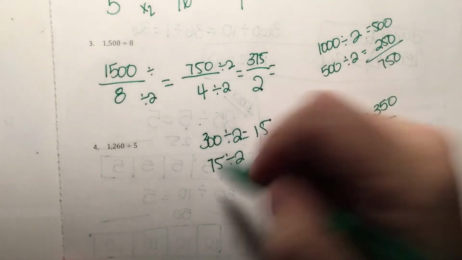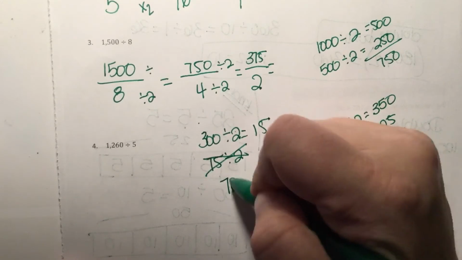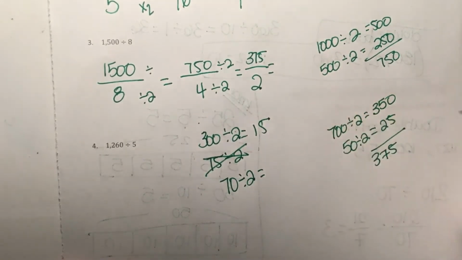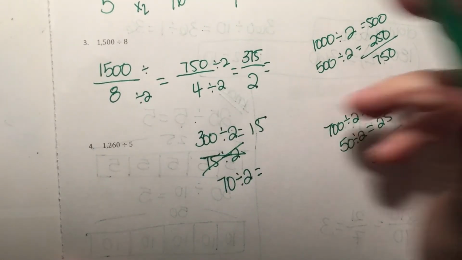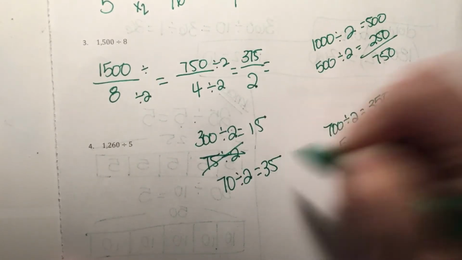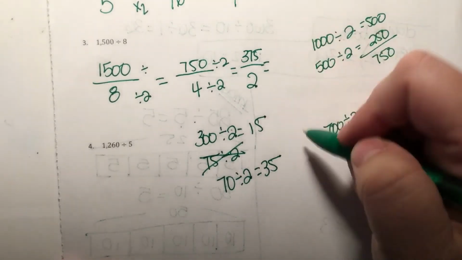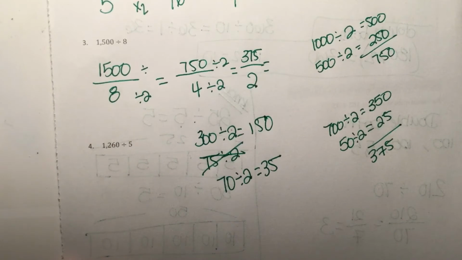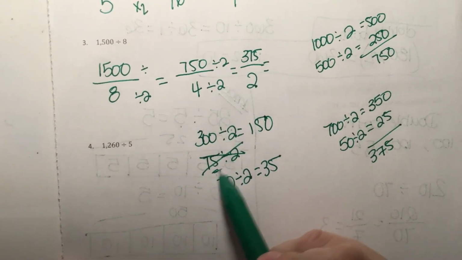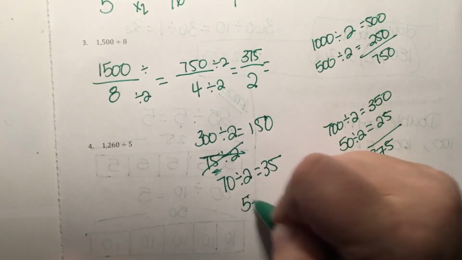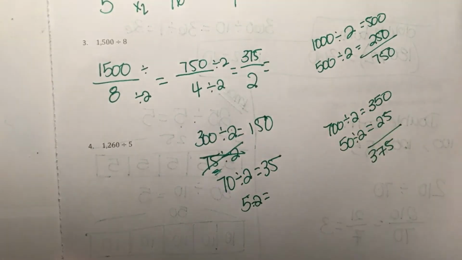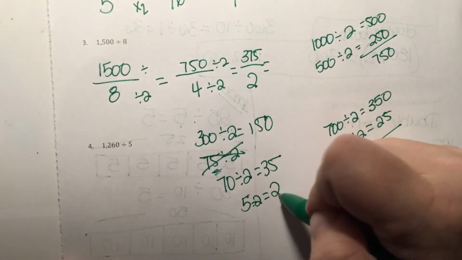We can break that down further. 70 divided by 2, we already know this from over here, right? 35, right? Oh, sorry, 150. And then we have what left? We have our 5 left. So 5 divided by 2, we know that's 2.5, right?